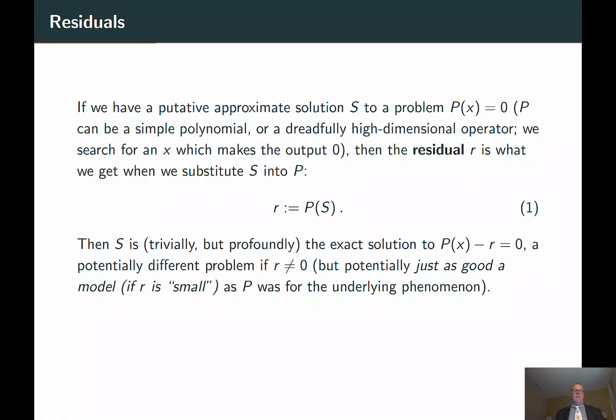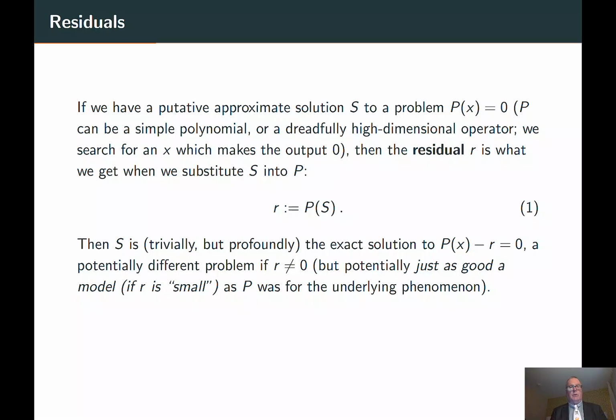Okay, one particular kind of backward error is called a residual. If we have some approximate solution S to a problem P of x equals 0, P could be a simple polynomial or some high-dimensional operator. We're searching for something which makes the output 0.